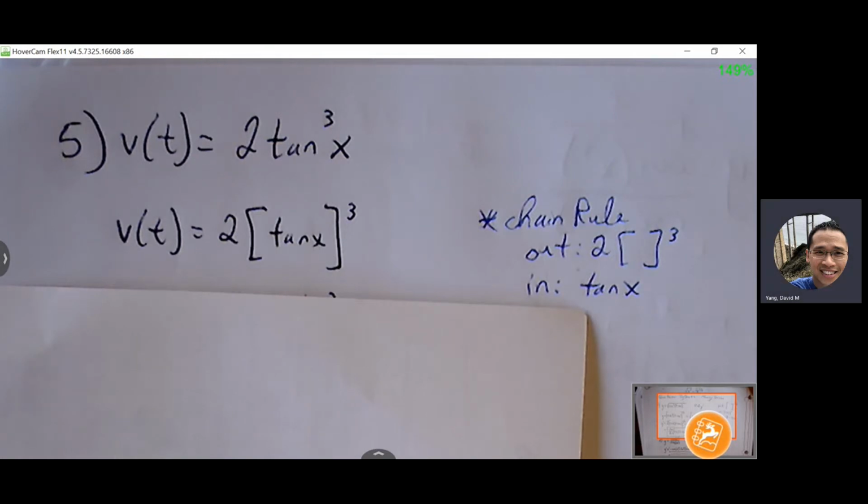Chain rule, you got the outside portion, you have the inside portion. So take turns with each derivative and put them next to each other, not inside each other.